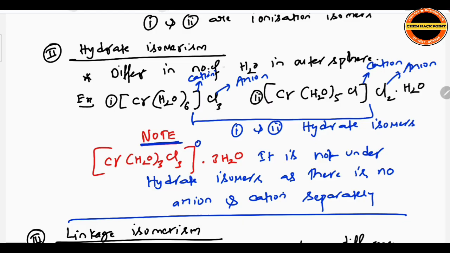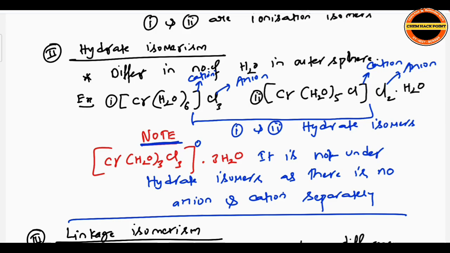In the above examples there is a cation and an anion, but here there is no separate cation and anion; it is a completely neutral compound. Such a combination is not considered under hydrate isomers because the overall compound is neutral. Hence we should not count such isomers.